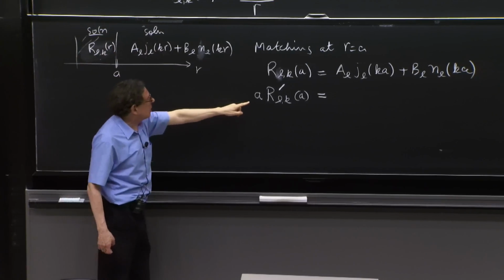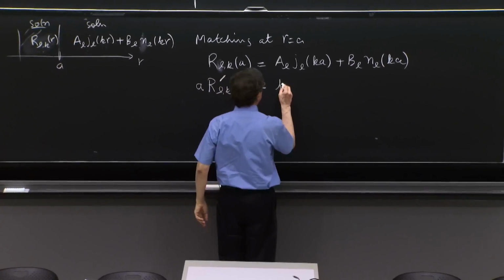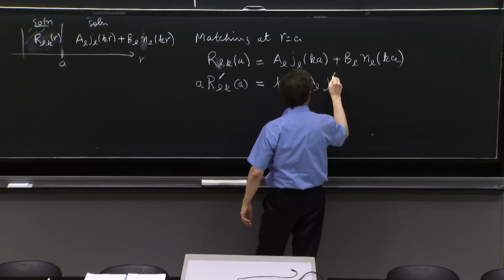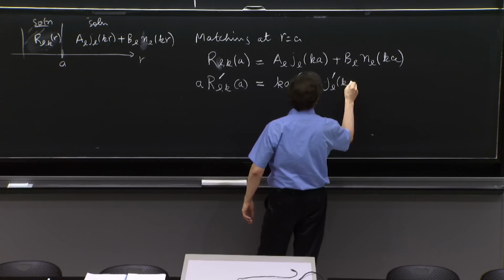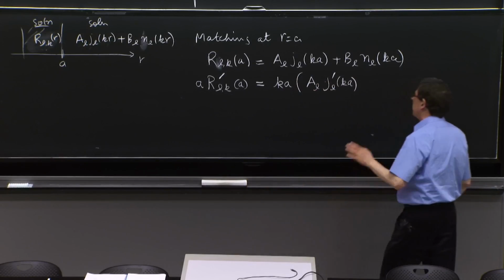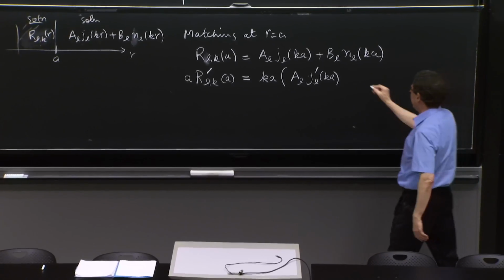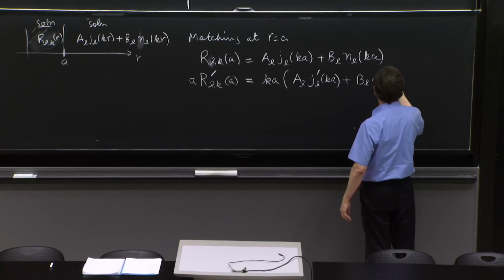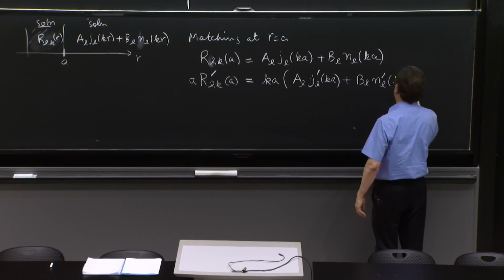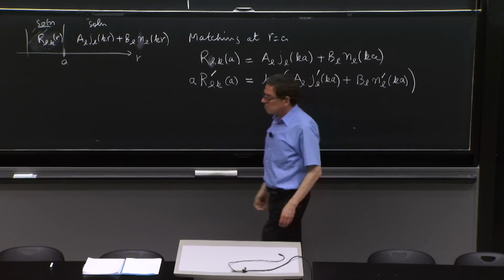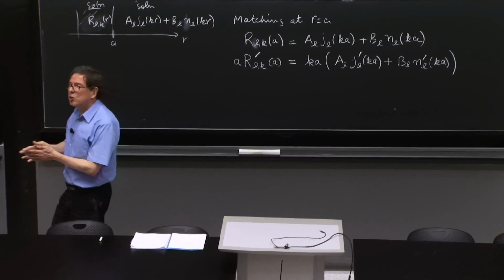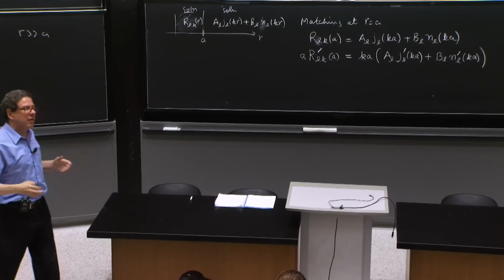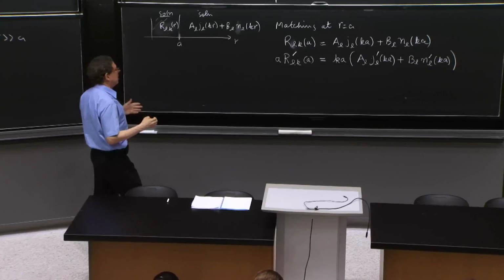Since I put an a, I get ka times A_L j'_L at ka, the derivative of j with respect to the argument evaluated at ka, plus B_L n'_L at ka. So here it is. I've matched the function and the derivatives. I'm giving you an algorithm to do it anytime and all times.